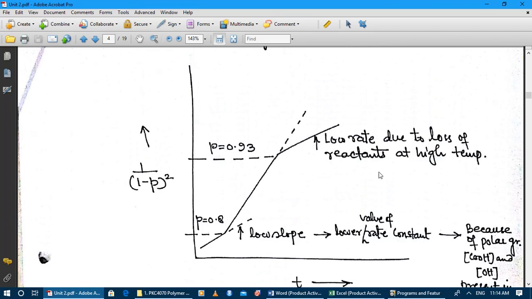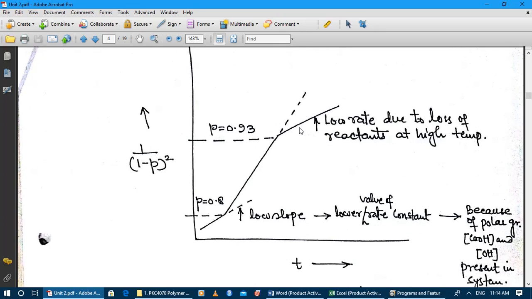And in the higher conversion region, the reason for deviation is a lower rate due to loss of reactant at high temperature. What will happen when we proceed to conversion more than 93%? A lot of exothermic heat will be generated, and some portion of the monomer will evaporate and go along with the water that has to be continuously removed from the system.